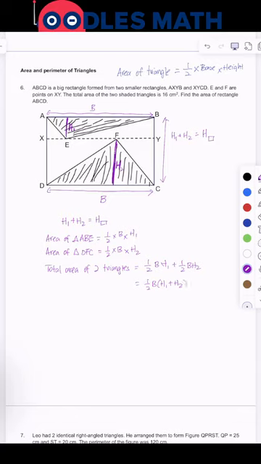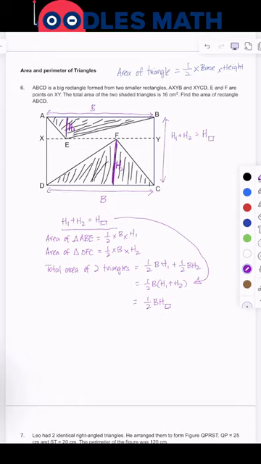Now remember, earlier we established the fact that H1 plus H2 is actually the height of the rectangle. So I replace that with the height of the rectangle. So once I know this, take a look at this. The total area of the two triangles is actually half the area of the whole rectangle.